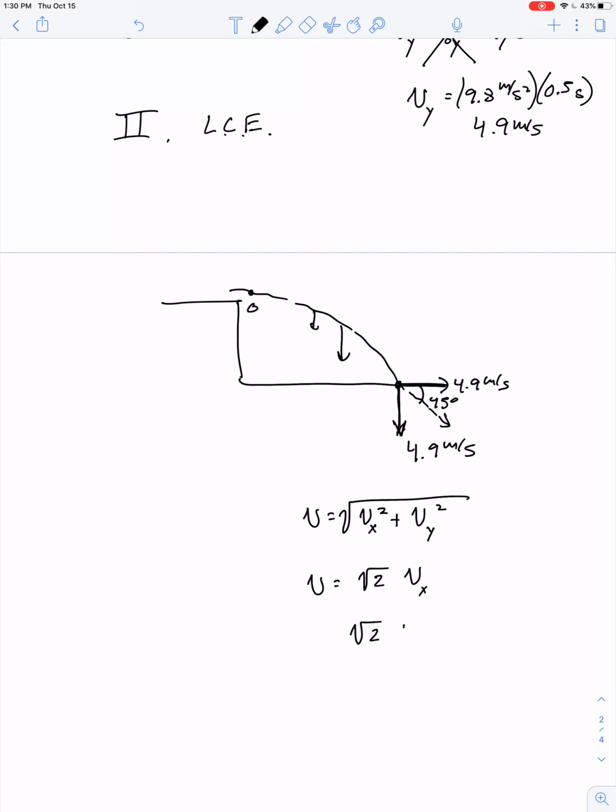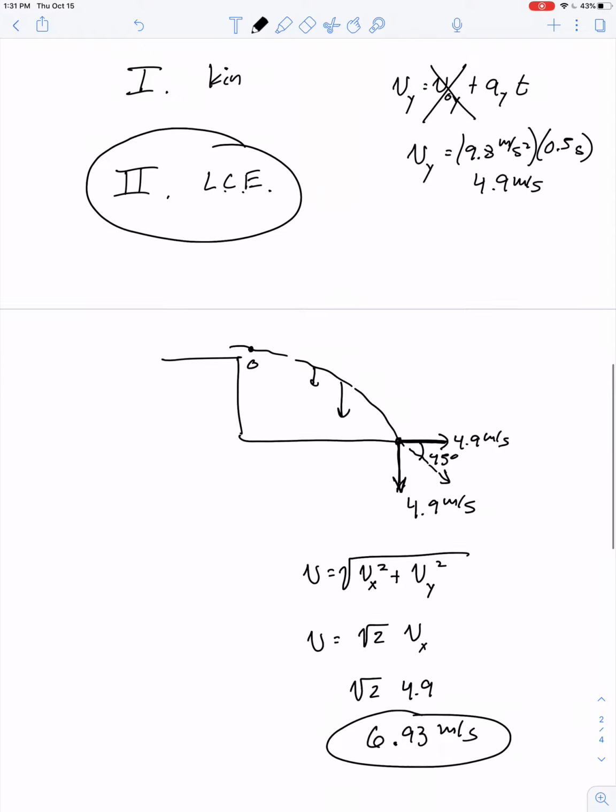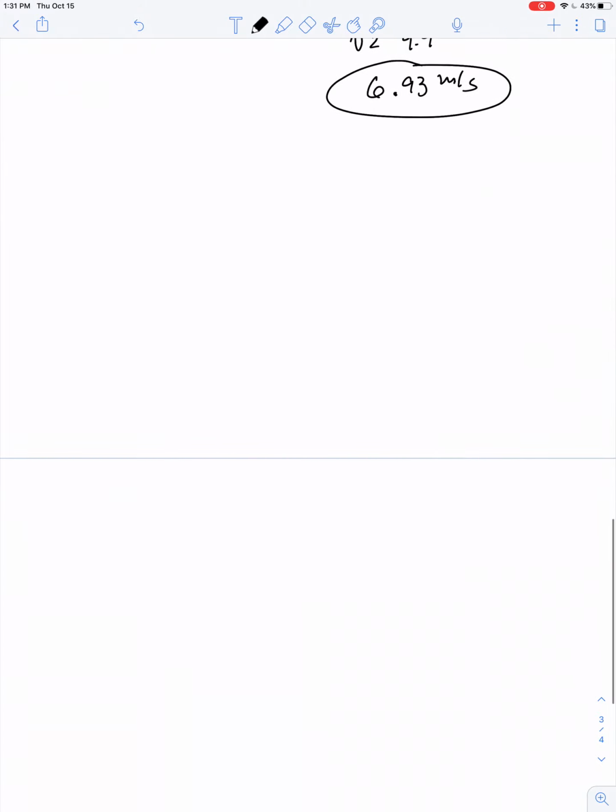So this is rad 2 times 4.9, which gives us about 6.93 meters per second. Okay, well, if we get the same result based on the law of conservation of energy, then hopefully you develop greater faith in the law of conservation of energy. So let's see how we can go about that.